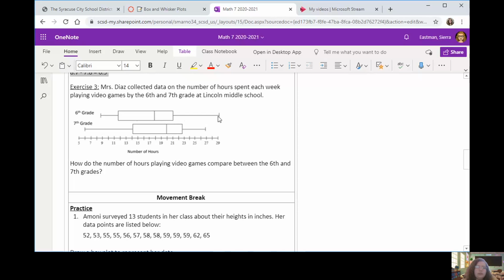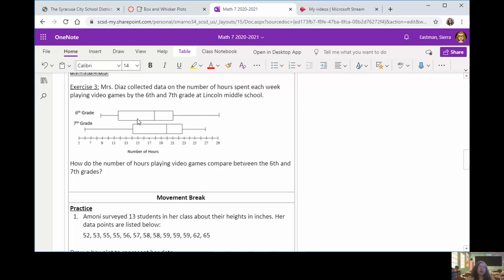The maximum for 6th grade is higher than the maximum for 7th grade. Okay, but the median of 6th grade looks like it's lower than the median for 7th. The first quartile looks like it's lower as well, and the third quartile looks like it's lower as well for 6th grade.